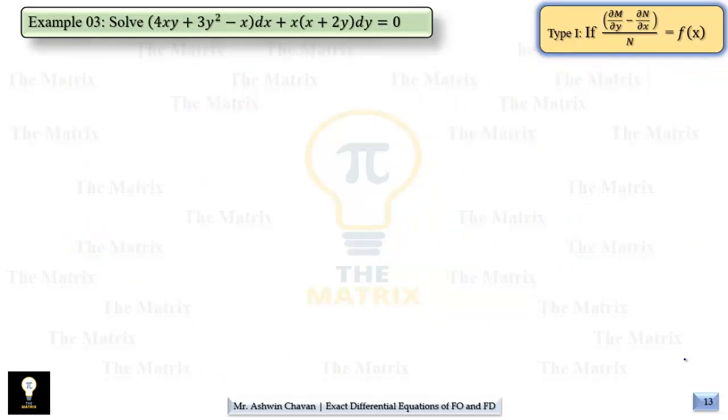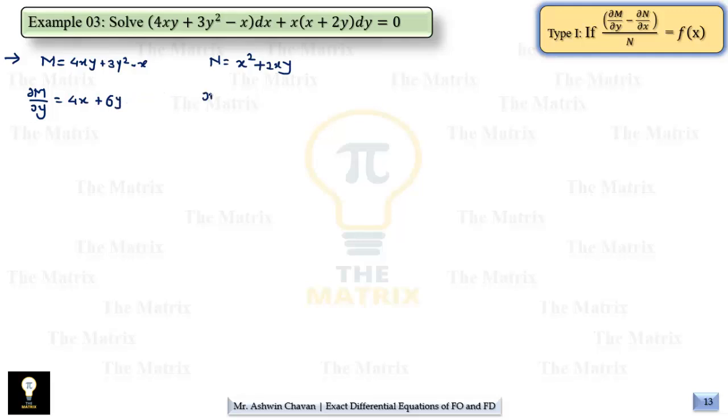One more example to fix the concept. We have this Mdx plus Ndy form again, so we'll write M and N. Now let's check whether it is exact or not first. So dou M upon dou y will be 4x, derivative of y is 1, plus 6y, that's it.